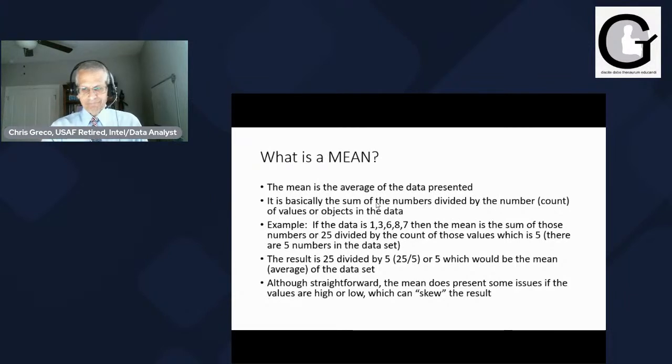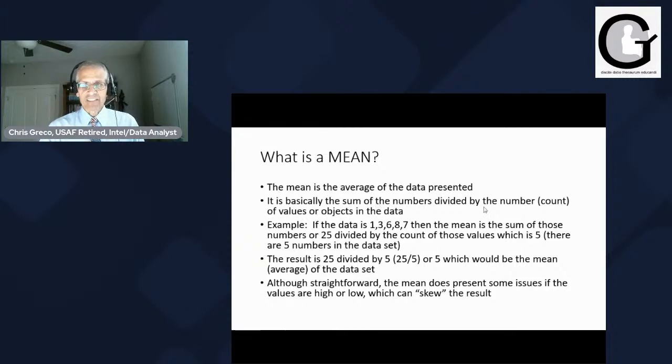Now, although this is very straightforward and it's used all the time, the bottom line is that the mean is not robust. It can be skewed by high or low values within that data set. This is a very important aspect of why the average is not beneficial.